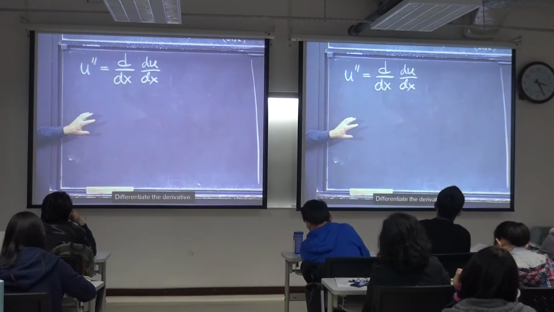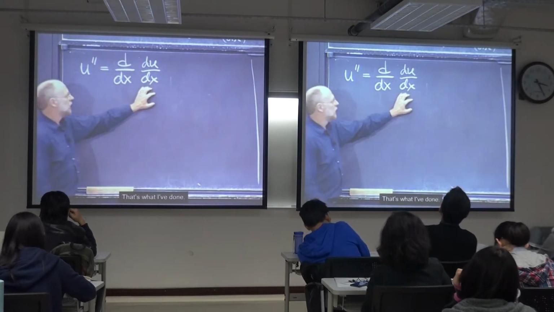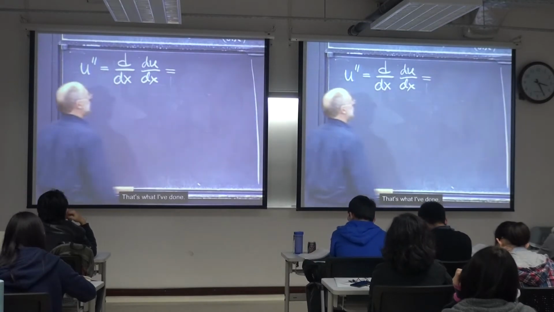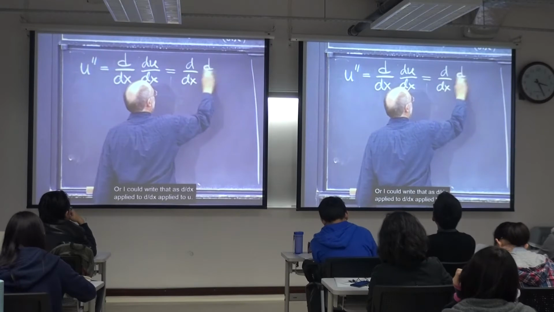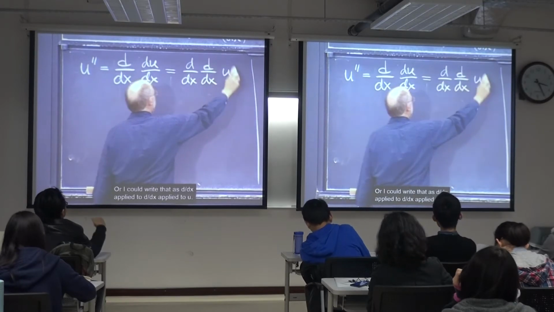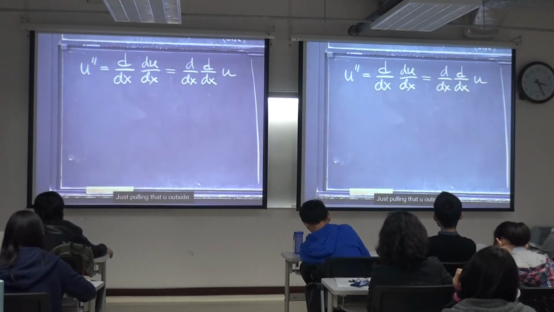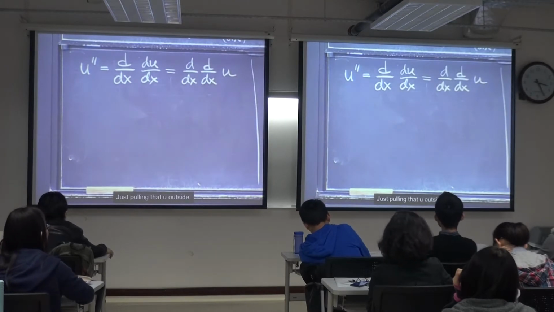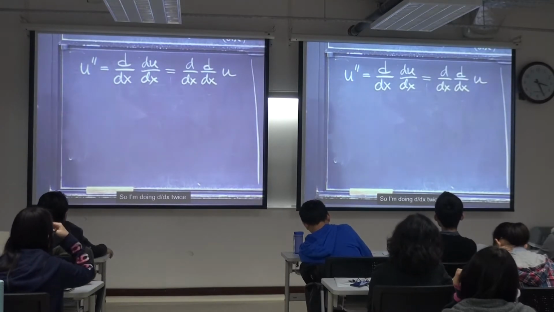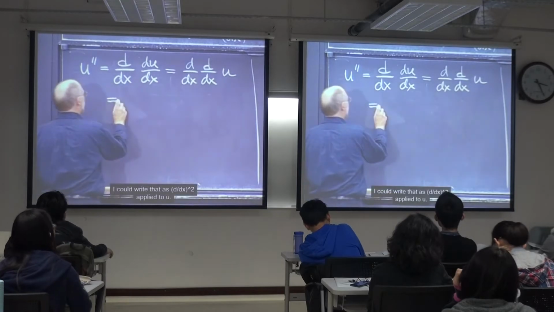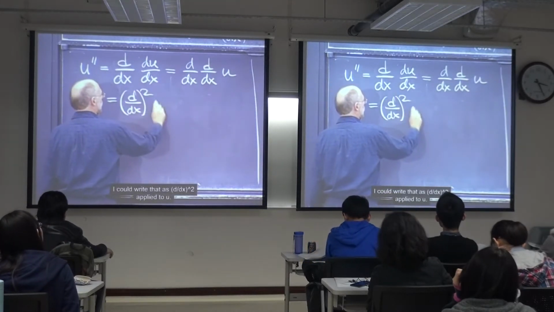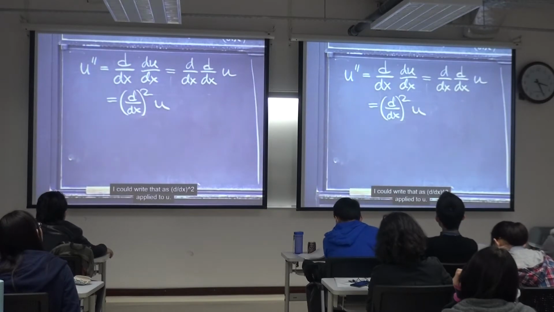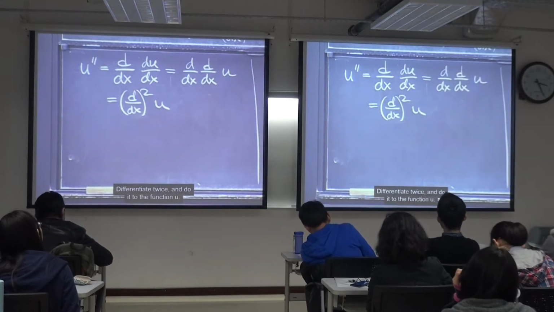Differentiate the derivative. That's what I've done. Or I could write that as d dx applied to d dx applied to u, just pulling that u outside. So I'm doing d dx twice. I'm doing that operator twice. I could write that as d dx quantity squared applied to u. Differentiate twice, and do it to the function u.